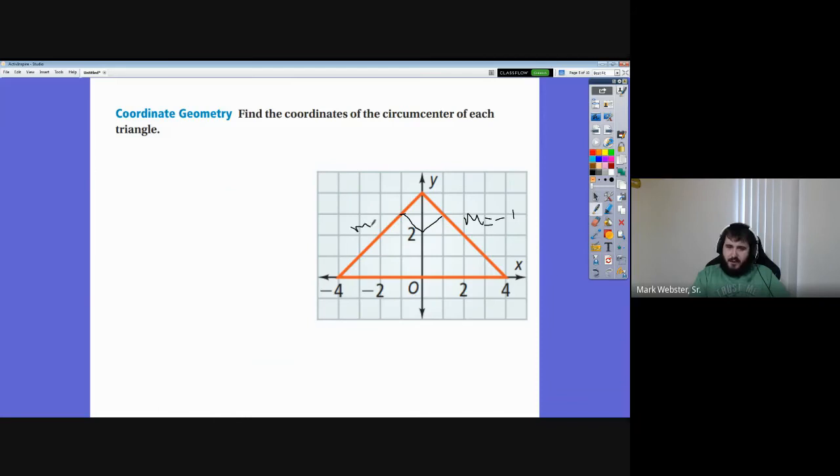This has a slope of +1. They have opposite reciprocal slopes. So this is a right triangle. And then you say, all right, well, hold on a minute. That means it's just got to be on the midpoint of the hypotenuse. And you can just say, all right, well, that's right here. So the circumcenter here is going to be at the point 0, 0.